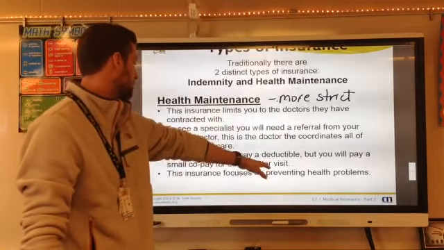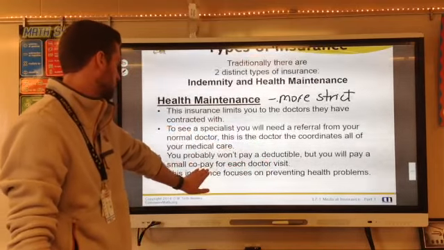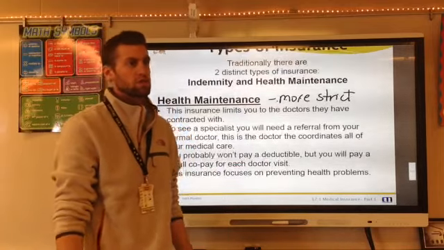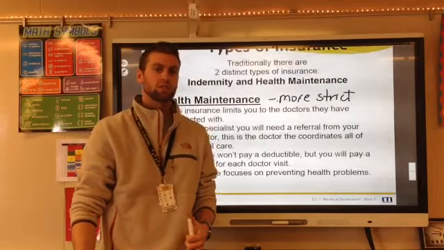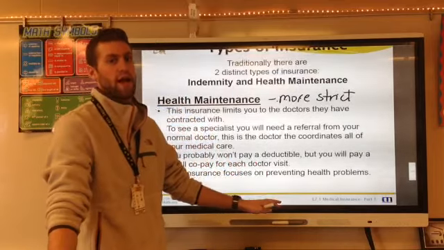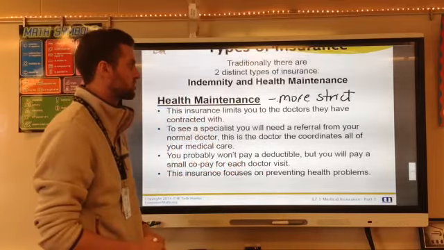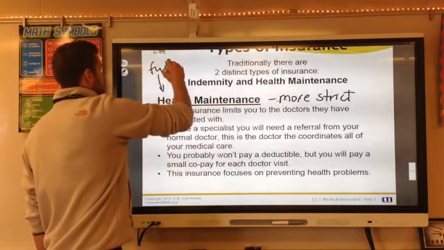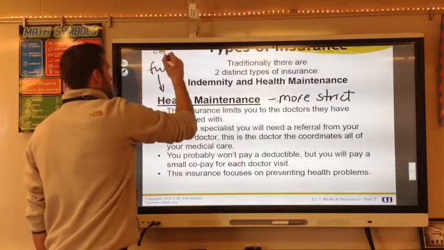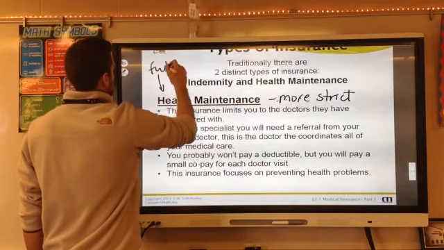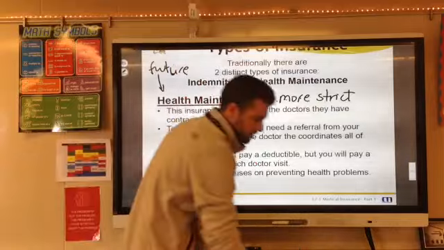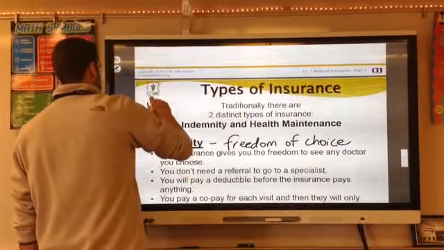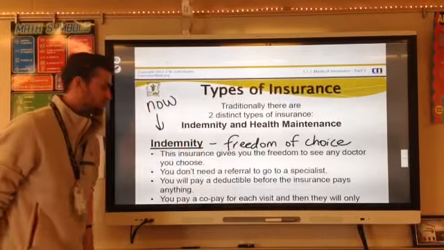You won't pay a deductible, but you'll have a small copay. And it focuses on preventing health problems. The other one was for ongoing problems; this is preventing the ones that could happen. So that's another difference. This is for the future, and the indemnity is for the now.